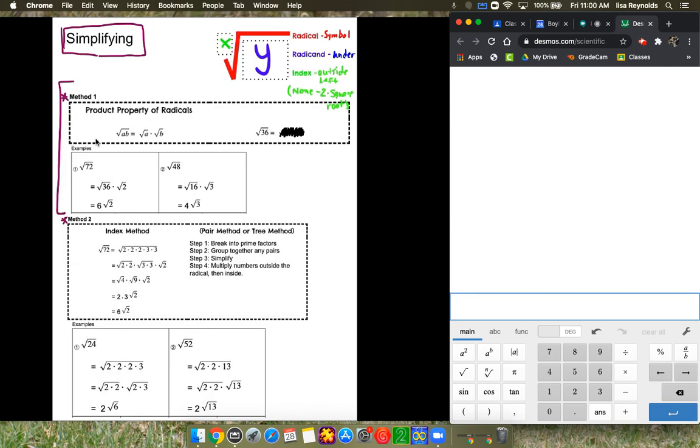So the answer to this one is just 6. But they do a little better of that in the examples. So these are non-perfect square numbers, and we're going to look at simplifying the radicals. So step 1 of our process is to find a perfect square factor.